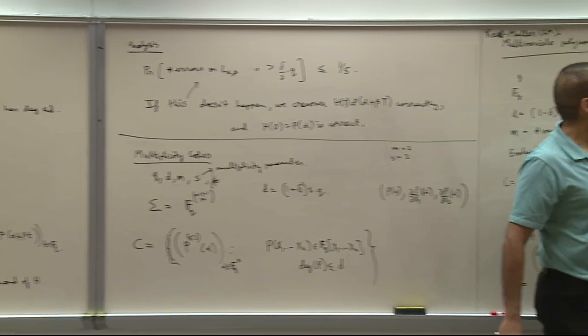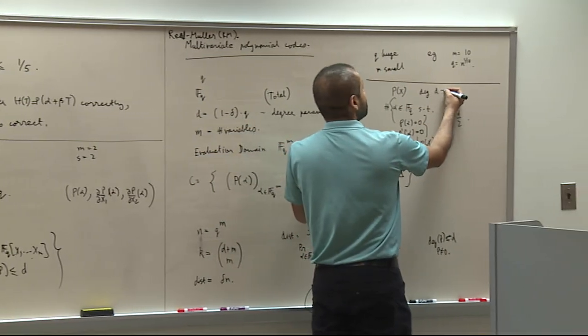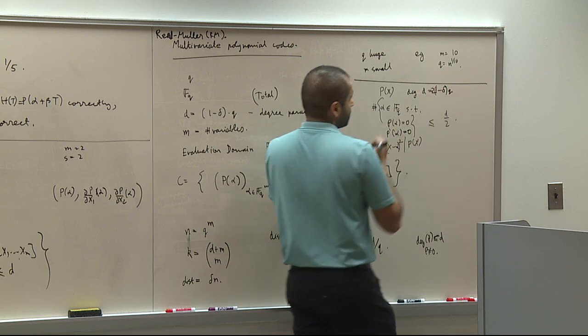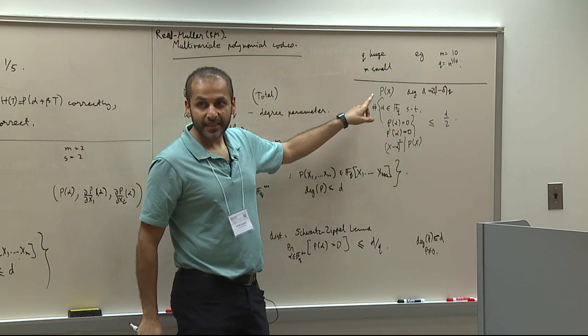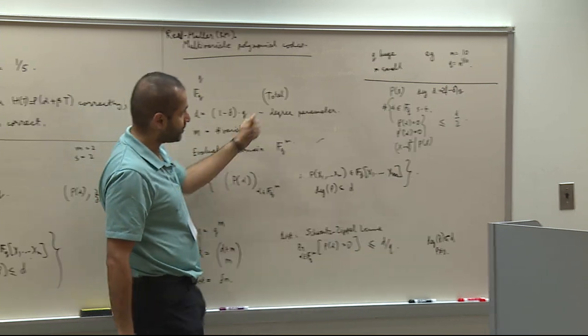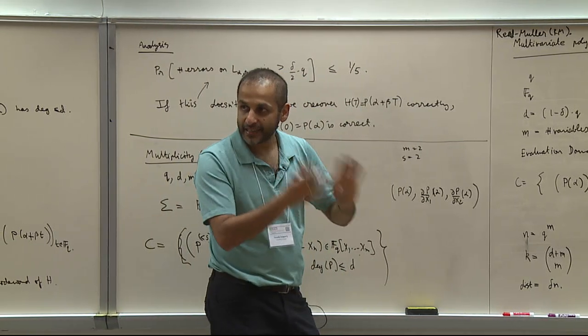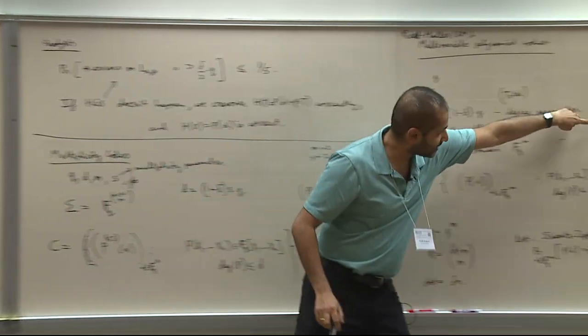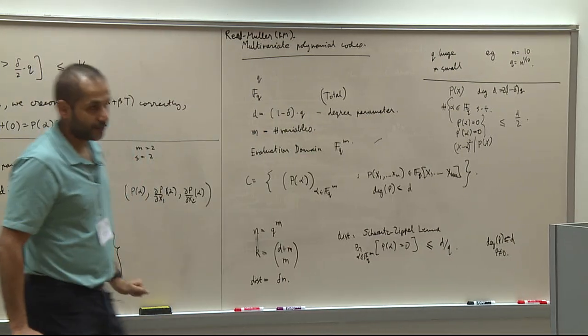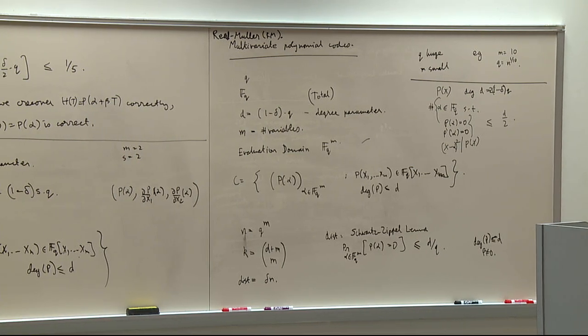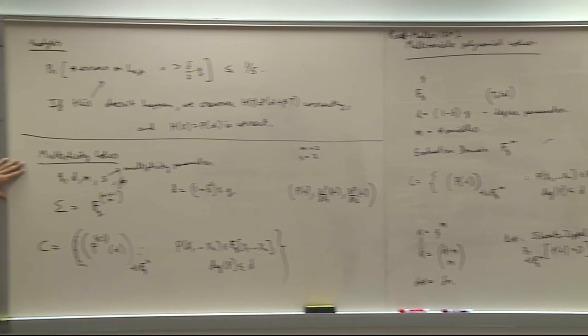Similarly here, if you were taking polynomials of degree d, you can go all the way up to 2 times (1 minus delta) times q, and you will still have distance delta. In univariate multiplicity codes with s equals 2, if you look at polynomials of degree 2 times (1 minus delta) times q, that resulting code has distance delta. And the proof of that is exactly this.